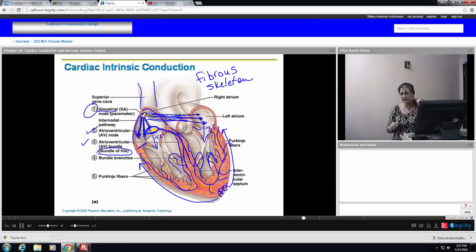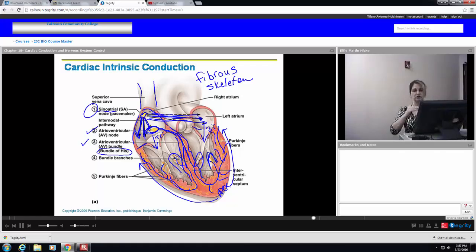One thing I do want to point out before I move on to the next slide is that these Purkinje fibers, the cells that are actually conducting this impulse, don't reach out and touch every cell of the myocardium. This is where those gap junctions play a big role, because not every cell is touched by one of these conducting cells.